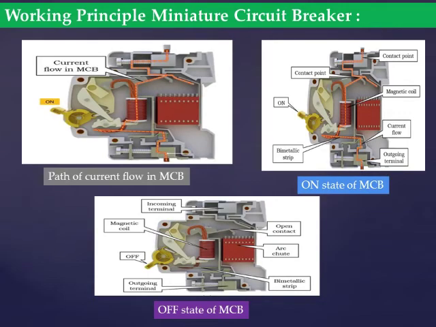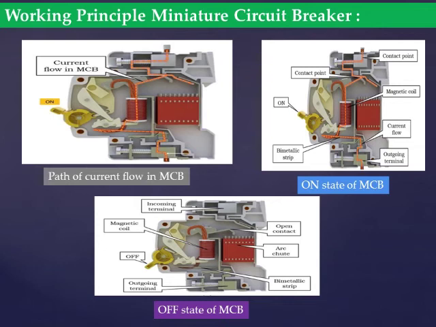Now we will discuss the working principle of the miniature circuit breaker. There are two arrangements of operation of a miniature circuit breaker. One is due to the thermal effect of overcurrent and the other is due to the electromagnetic effect of overcurrent. The thermal operation is achieved with a bimetallic strip whenever continuous overcurrent flows through the MCB.